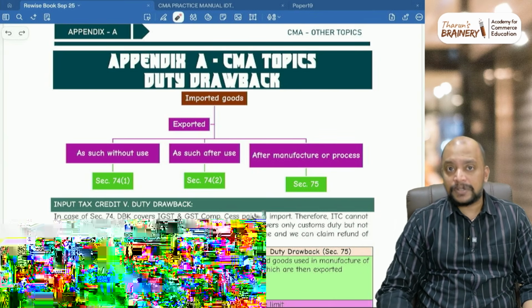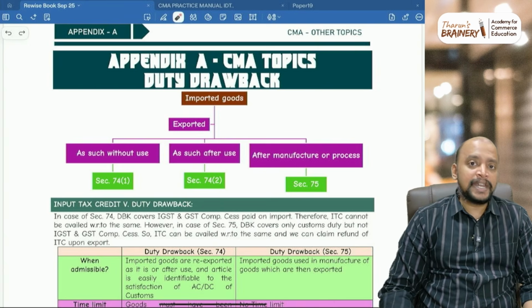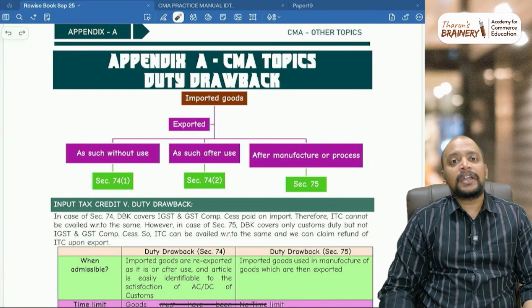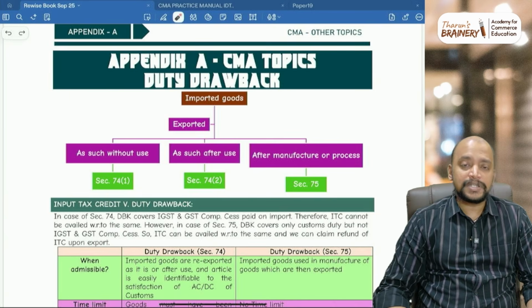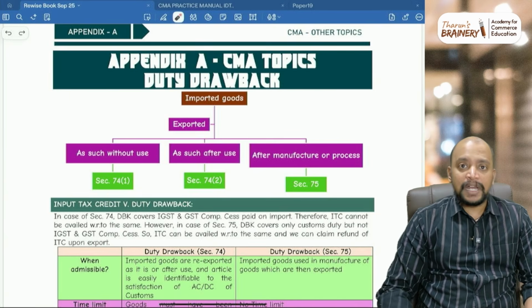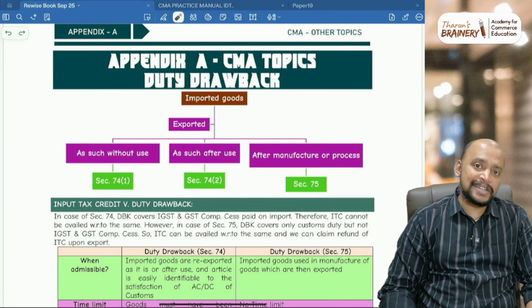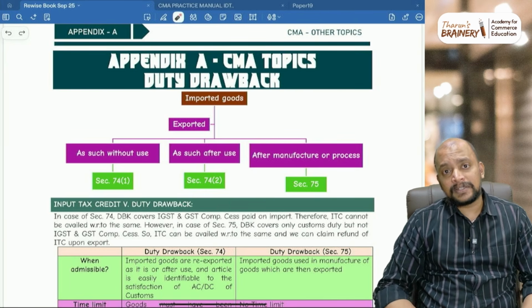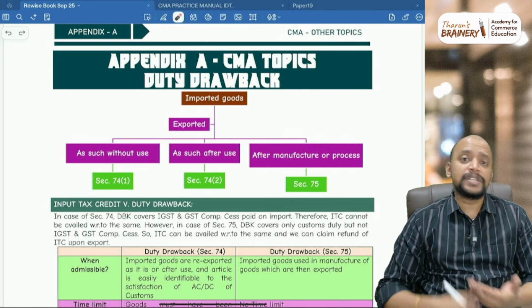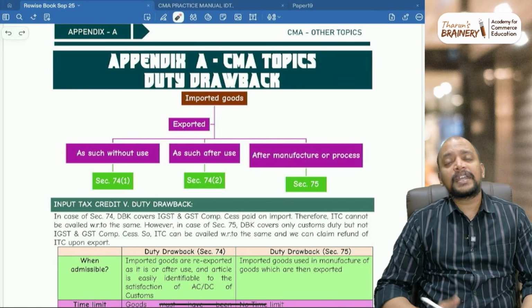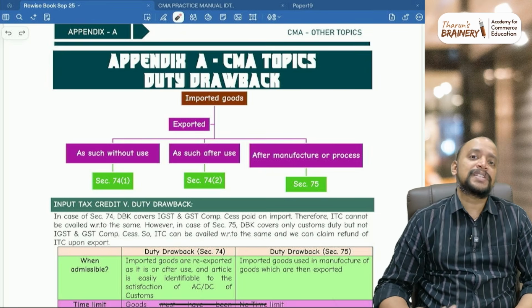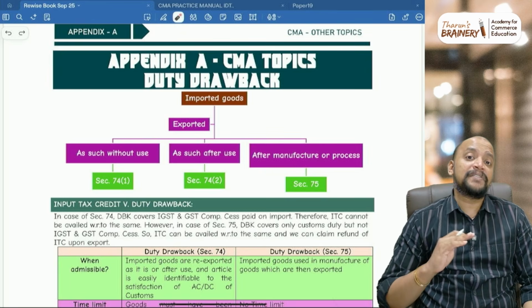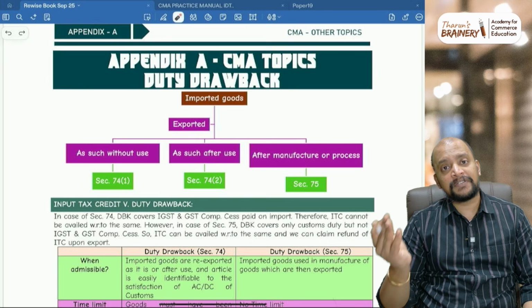Example, smartphones in India, Xiaomi and Apple, and even other brands like Samsung, they have units in India. So what they are doing is importing the integrated circuits, the panels and the glass, and using that they make the assembly and export it. So imported goods used in manufacture of finished goods which are then exported, that is section 75. Then duty drawback will be under 75.